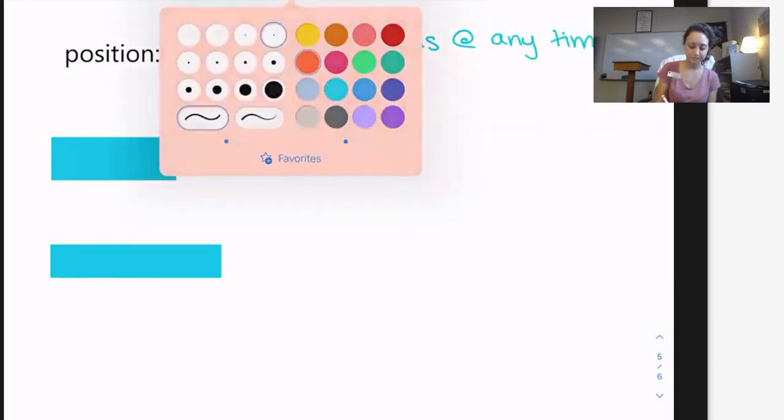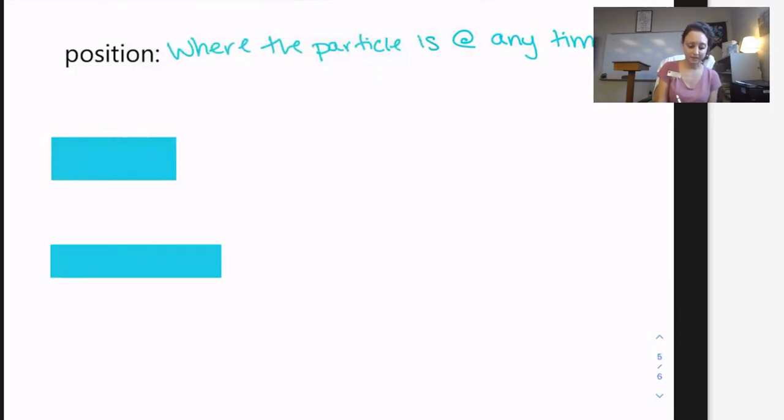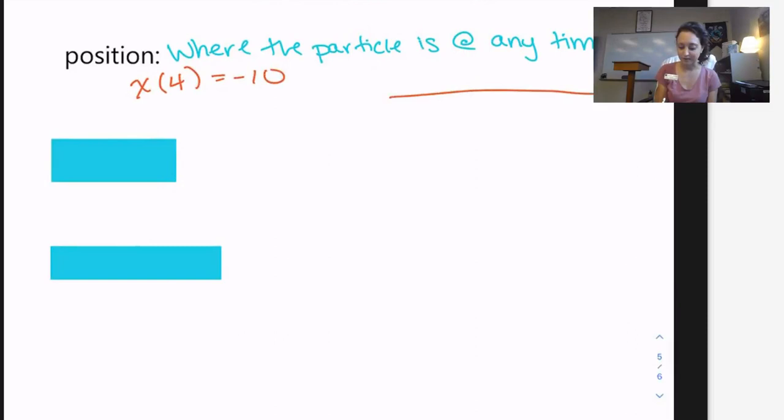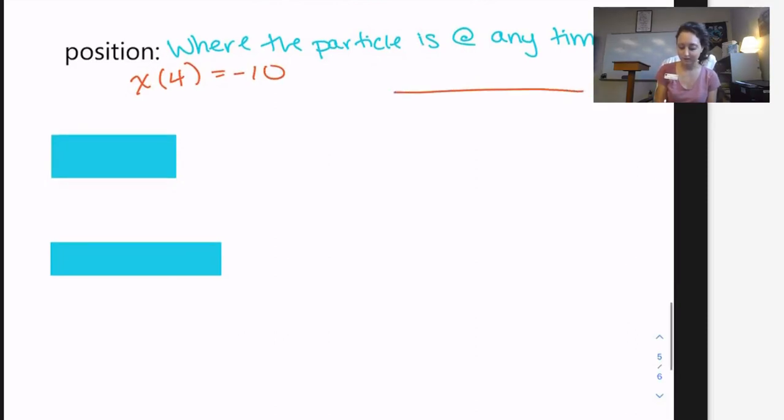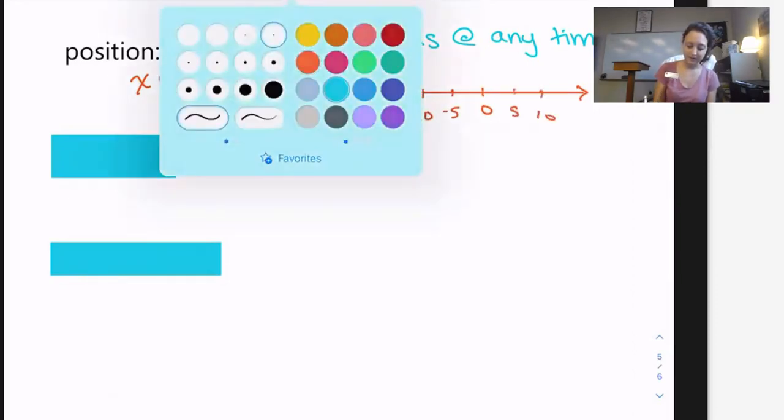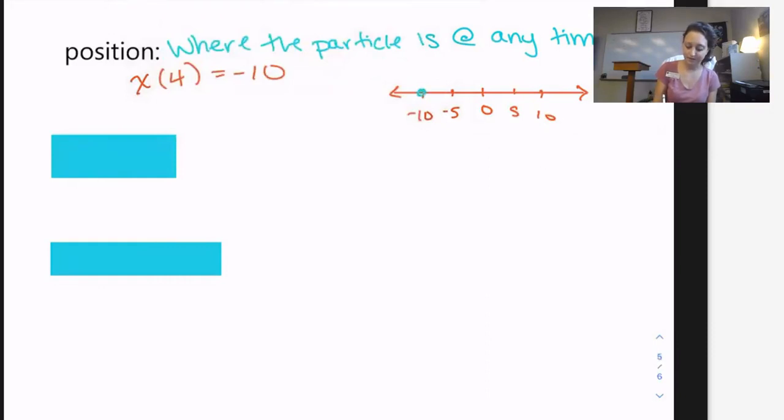Well, if I use x, so if my position at time 4 is negative 10, then, again, if I'm traveling along just the x-axis, here's 0, the origin, that means that after 4 seconds, my little particle is right there.